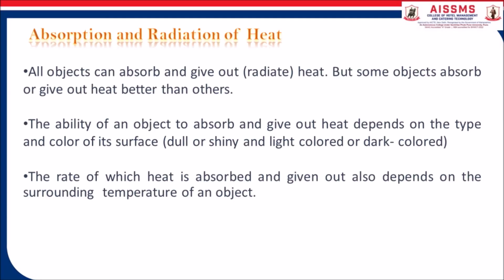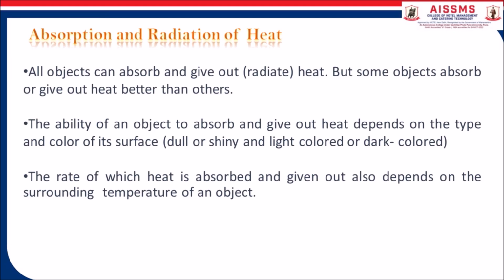Now once we have understood the contraction and expansion in the states of matter, let us see what happens when heat is applied: what is absorption and radiation of heat. Well, all objects can absorb and can give out, that means radiate, heat. But some objects absorb or give out heat better than other objects.